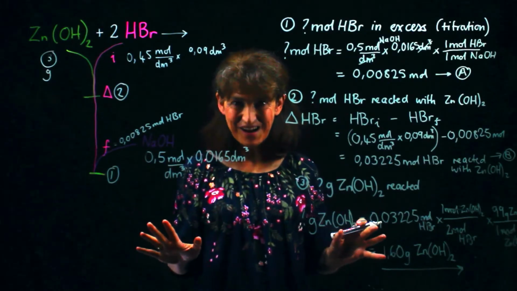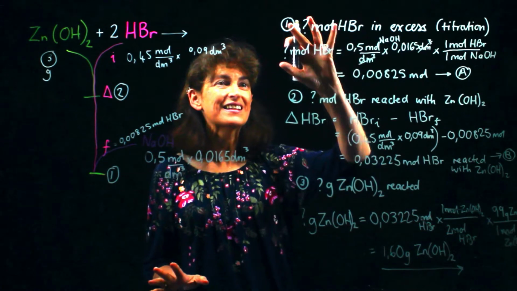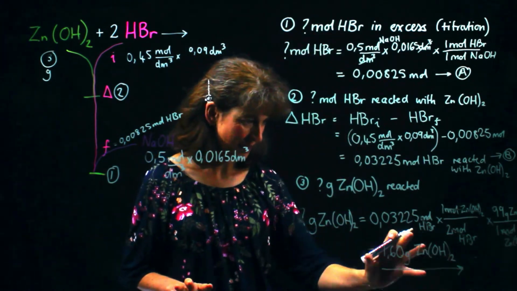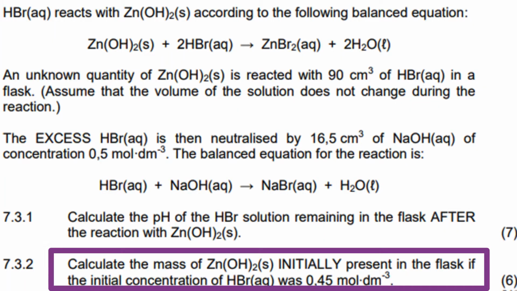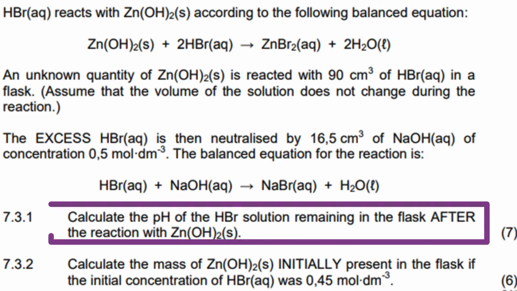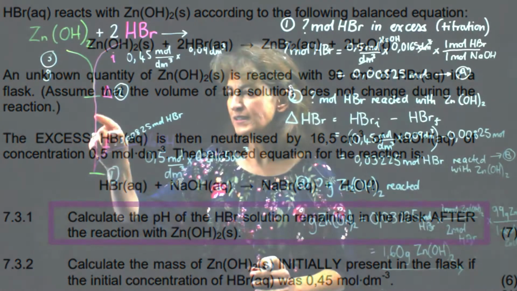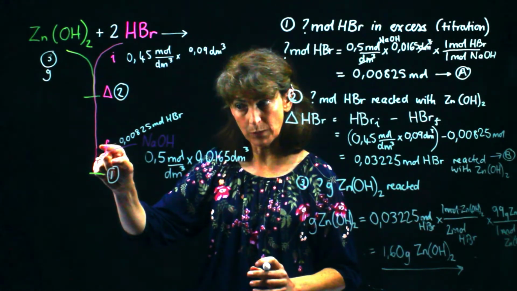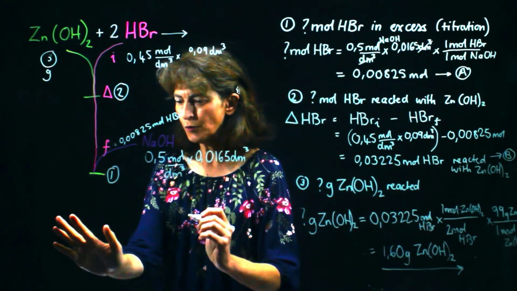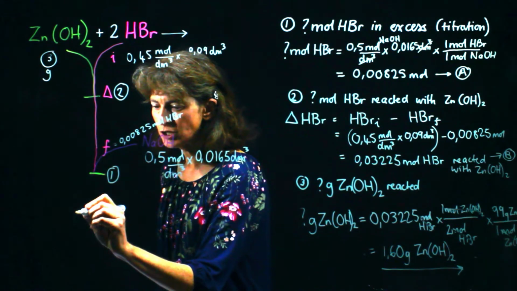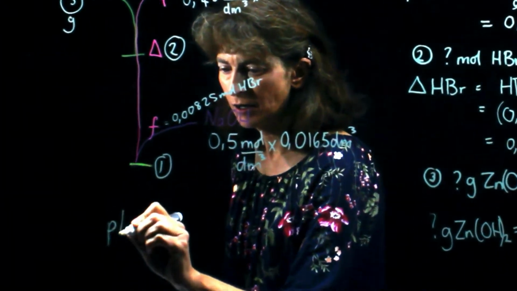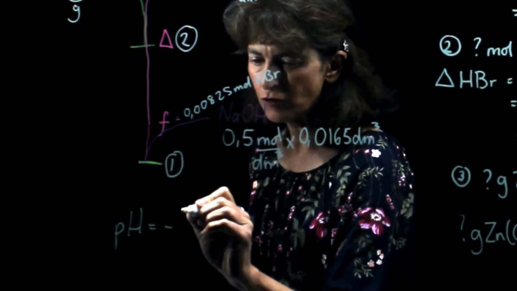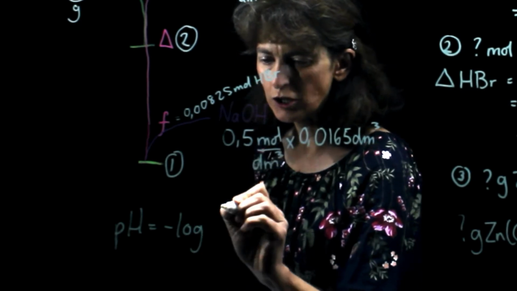So then we check our questions. We see that this question here answers one of the questions, but one of the questions we have not actually answered yet. And it's asking about the pH of this excess solution of HBr. So we need to work that out. Now, pH is the negative log of the hydronium ion concentration.